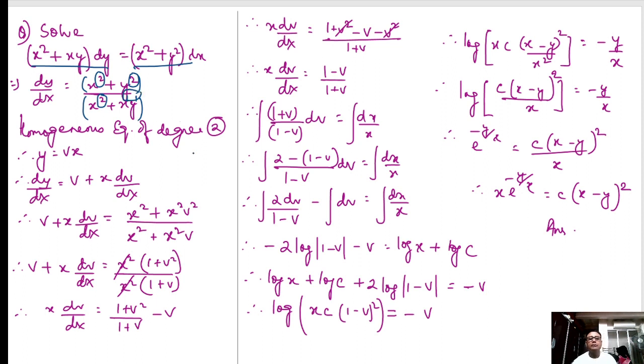So it is a homogeneous equation with degree 2. So we have to take y is equal to vx, and now differentiate on both sides with respect to x.